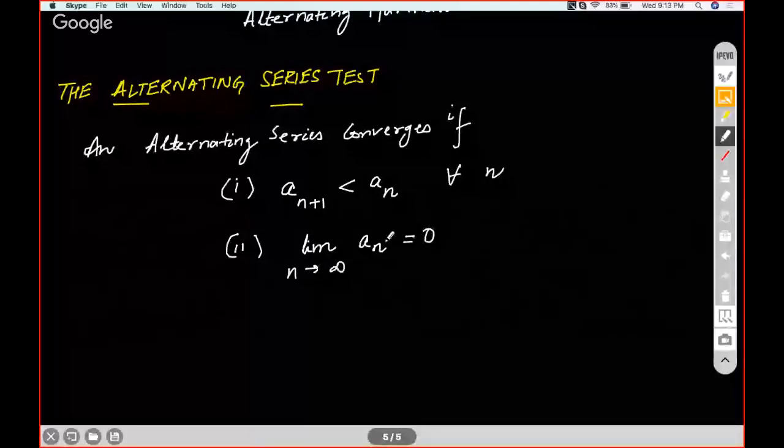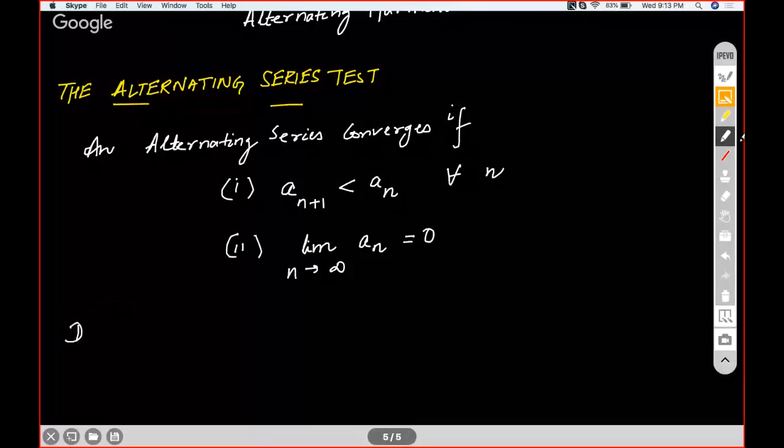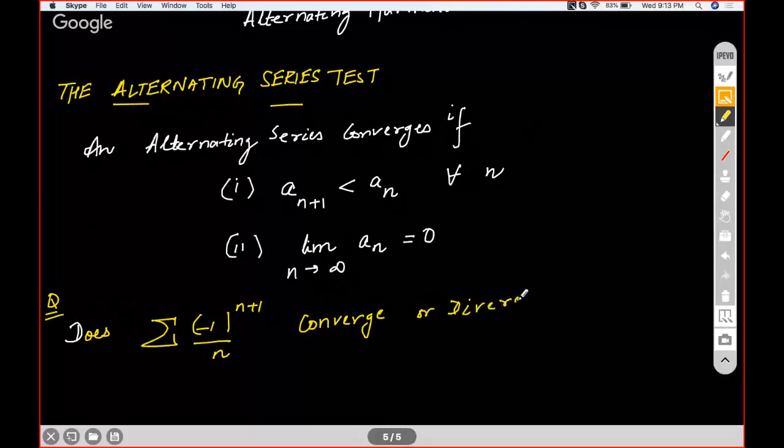Let me ask this as a question to you. Does the series (-1)^(n+1) by n, which we just saw is called the alternating harmonic series, converge or diverge? Use the two criteria mentioned.